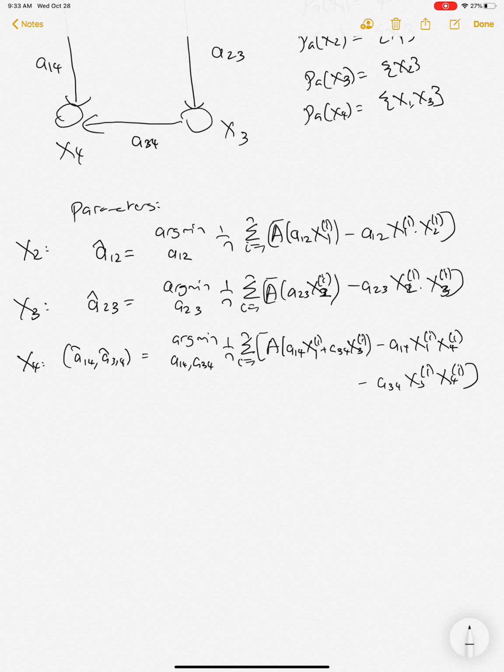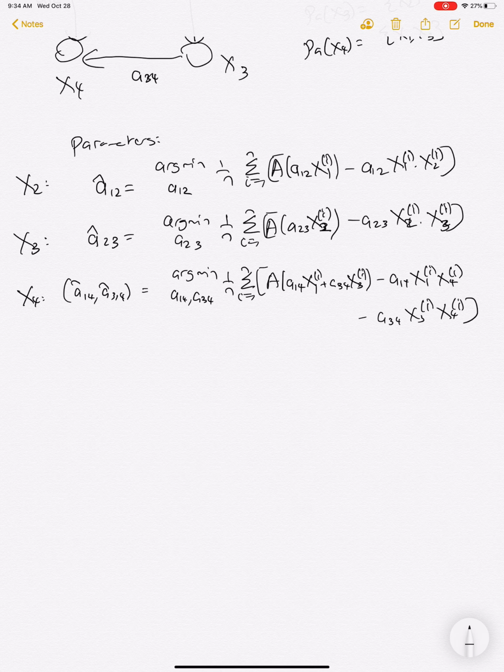Okay, so that's just showing you how you'd solve this in this case, and you can see how that scales quite easily for general P.